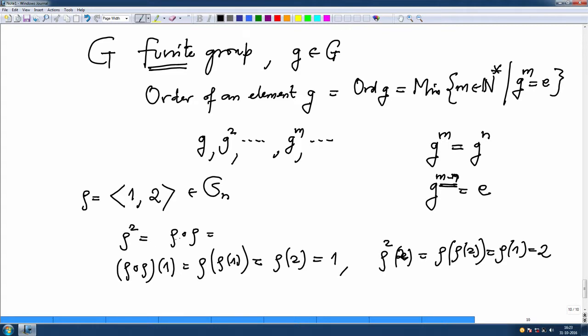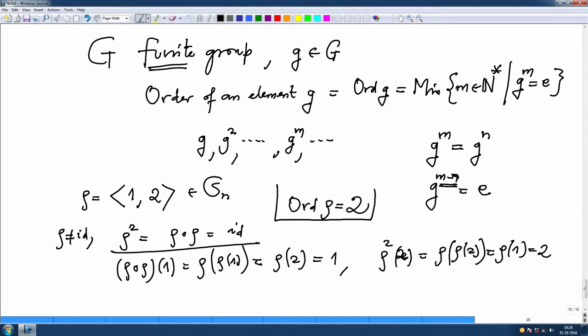So we have proved rho squared is equal to the identity map, because all other elements are fixed. What we have checked is rho is not identity and the next power is identity. So the order of rho in the permutation group is 2, and there is nothing special about the 2-cycle.